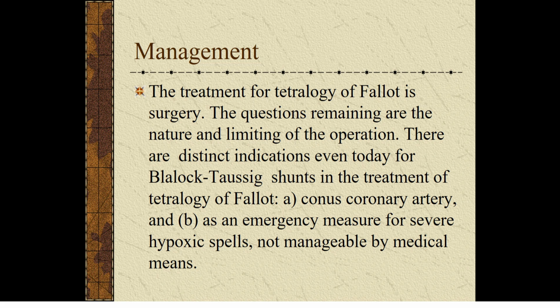The questions remaining are the nature and limit of the operation. There are distinct indications even today for Blalock-Taussig shunts in the treatment of tetralogy of Fallot, with anomalous coronary artery, and as an emergency measure for severe hypoxic spells not manageable by medical means.